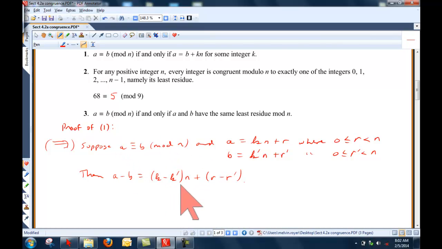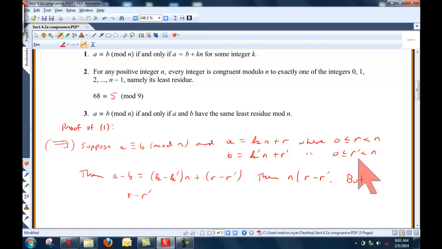Is the first term on the right divisible by n? Obviously, and therefore we know by now that the last term on the right must be divisible by n. So then n divides r minus r prime. But we know something about r minus r prime.